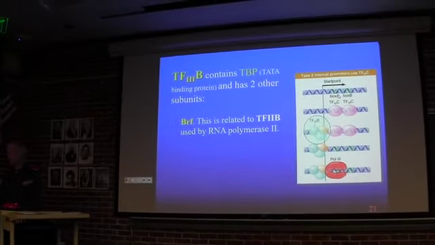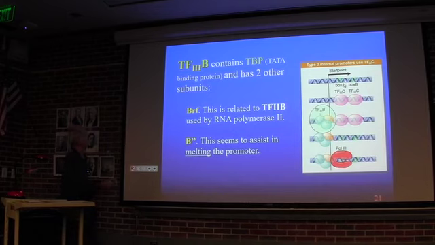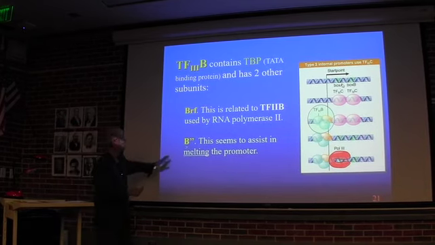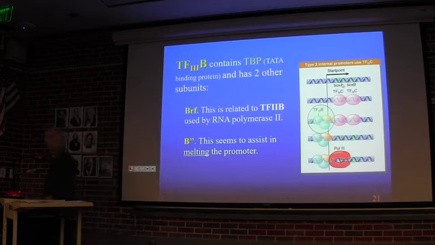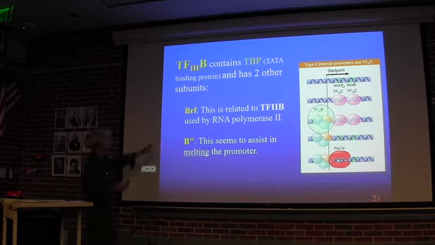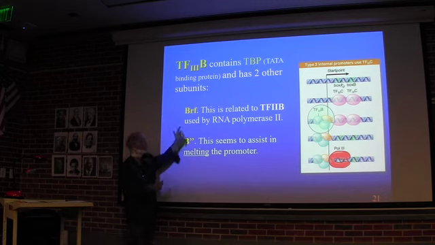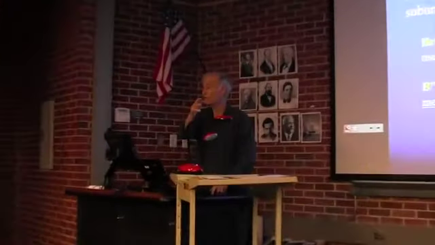What does B have in it? B itself, in addition to having TBP, it has these 2 other ones, and you'll need to know these also, because these are pretty cool. This one is easy to remember. BRF. It's transcription factor B, related factor.